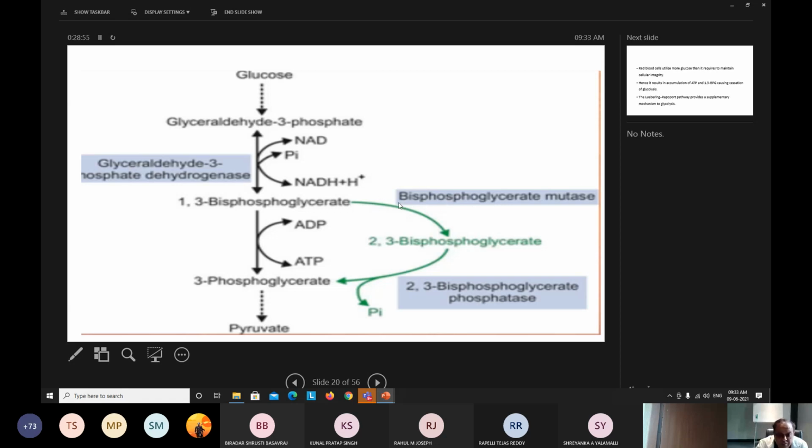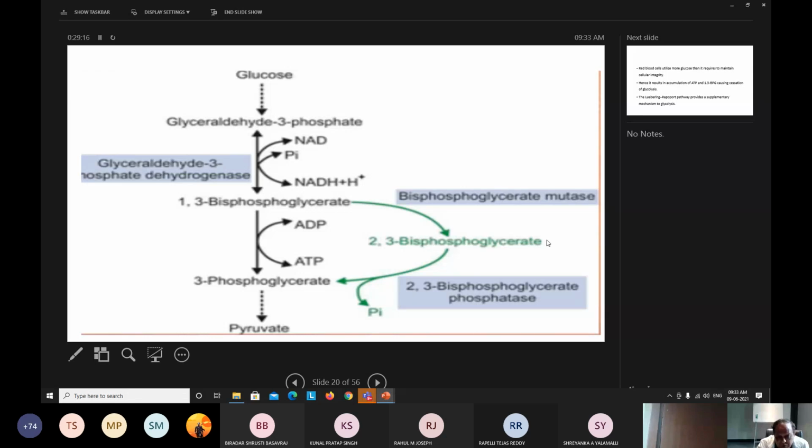This is the enzyme which catalyzes the conversion of 1,3-bisphosphoglycerate to 2,3-bisphosphoglycerate.